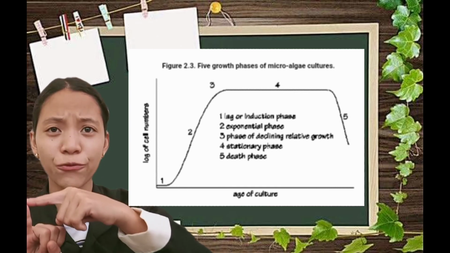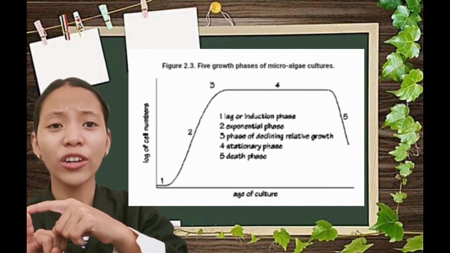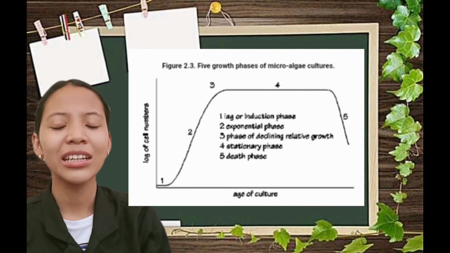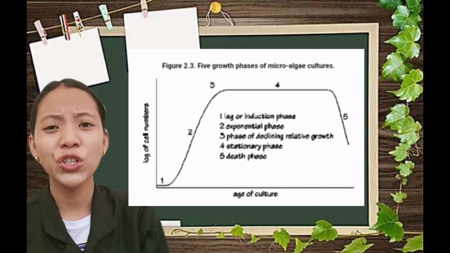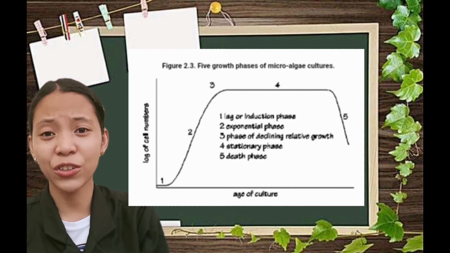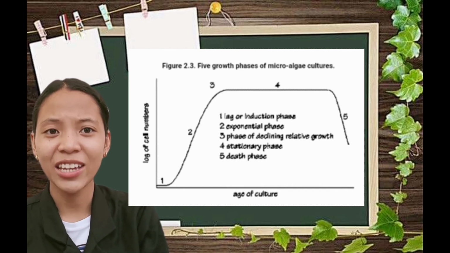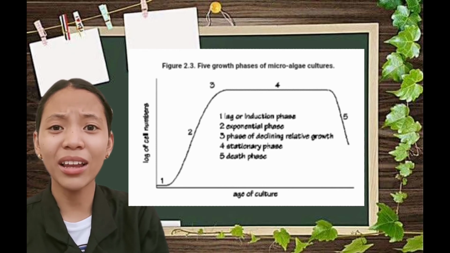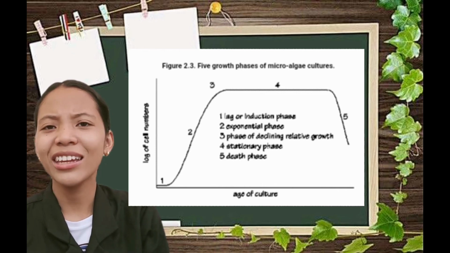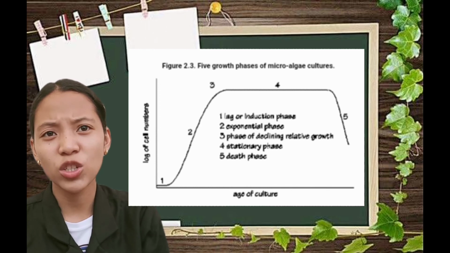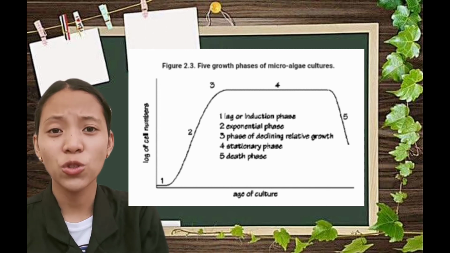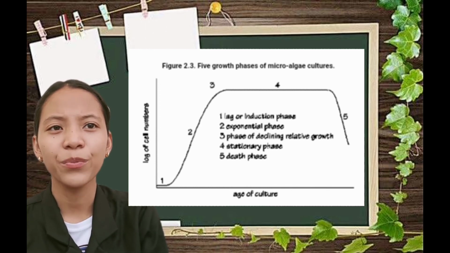The first phase is the lag or induction phase. In this phase, little increase in cell density occurs, particularly when an algal culture is transferred from a plate to liquid culture.